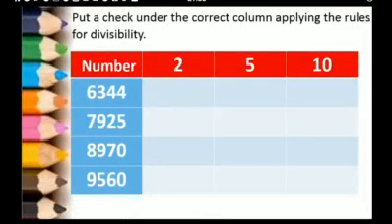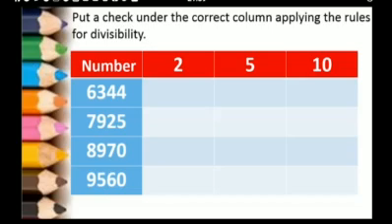So this is the activity that we're going to do to answer. We are going to put a check under the correct column applying the rules for divisibility. Divisibility for 2, 5, and 10 for the 4 given numbers, which are 6,344, 7,925, 8,970, 9,560.